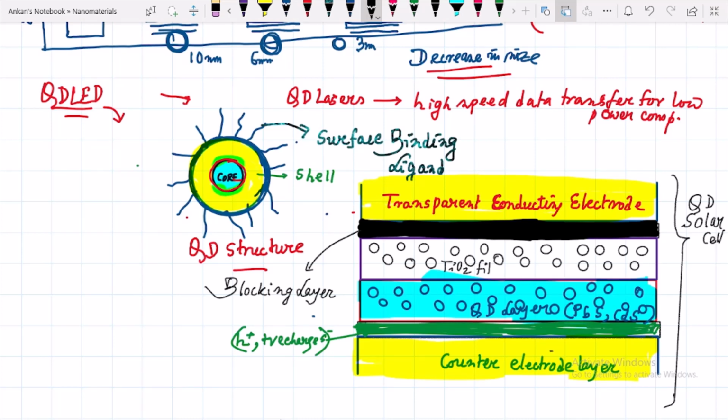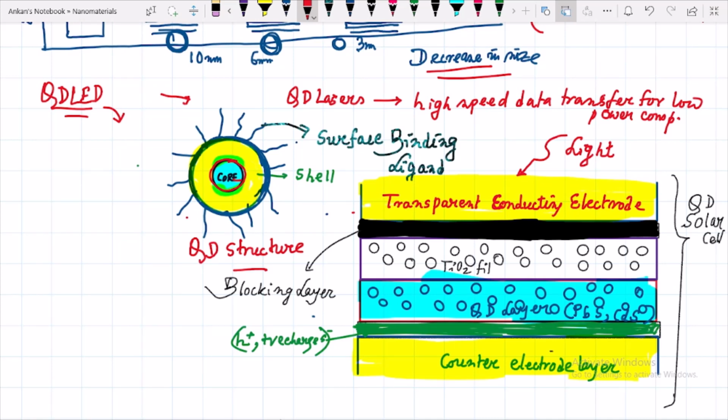Okay, so let us try to discuss the working principle of it. Suppose light enters through the transparent electrode of the quantum dot solar cell onto the light absorbing layer of the dots in order to generate electron hole pairs, which are known as excitons.